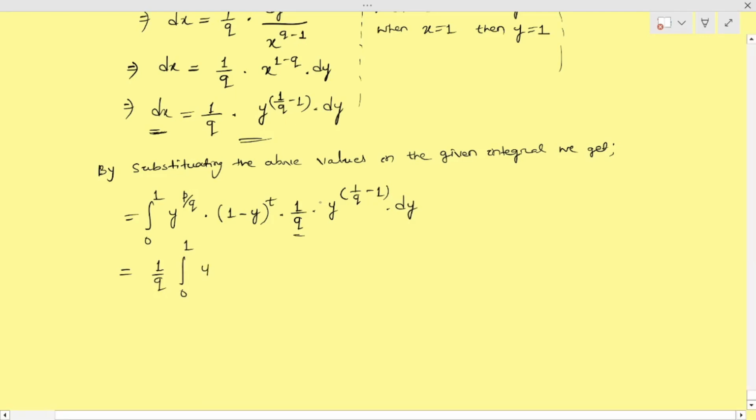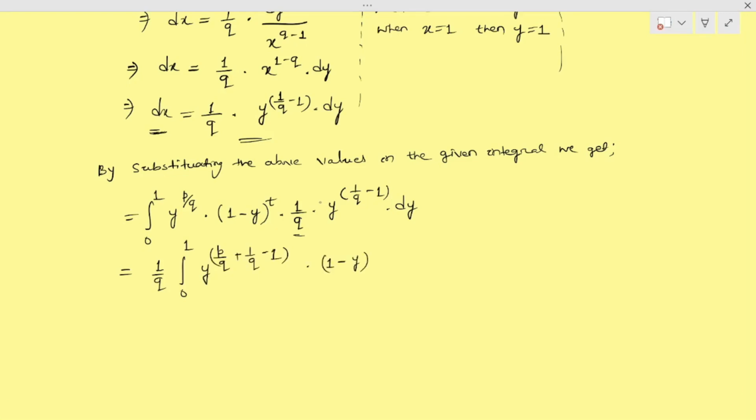I am going to write the power, adding the power of the y. Then it will be p by q plus 1 by q minus 1, y to the power this much into 1 minus y to the power t into dy.